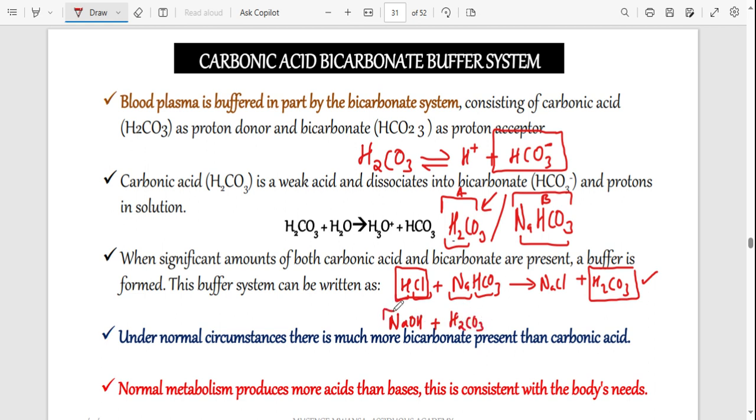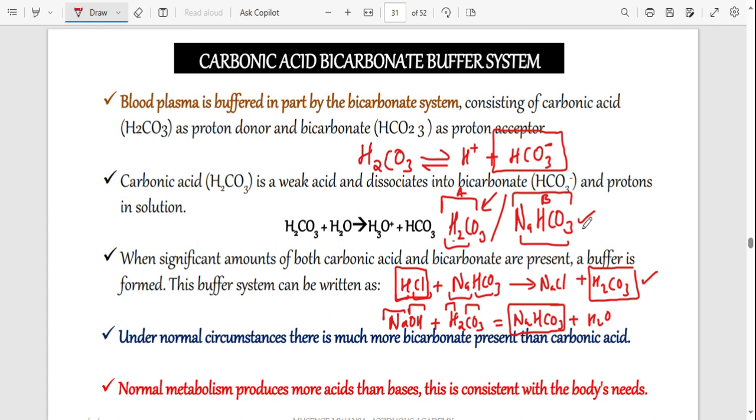And here sodium is positive, it will react with the bicarbonate, which is negative. The bicarbonate is supposed to have a hydrogen and then CO3. So sodium will go and react with the bicarbonate. Bicarbonate is HCO3. And then the hydroxide which remains here will react with that hydrogen which came from this to form water. So you see, we have formed more bicarbonate after we added the base, and we say the bicarbonate is the basic component of this buffer.